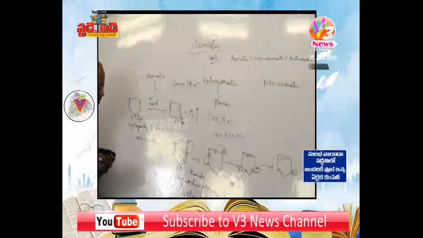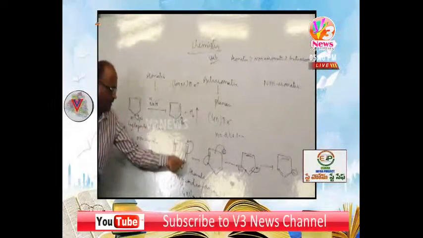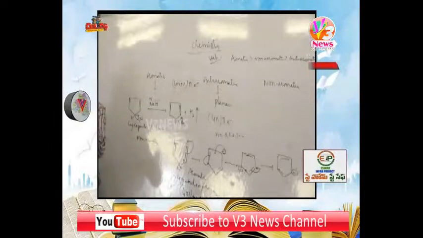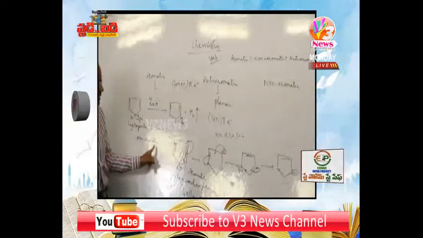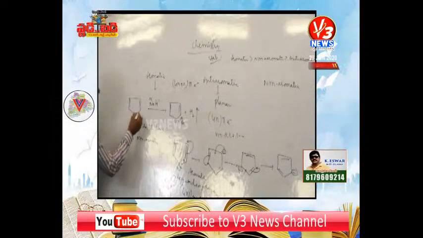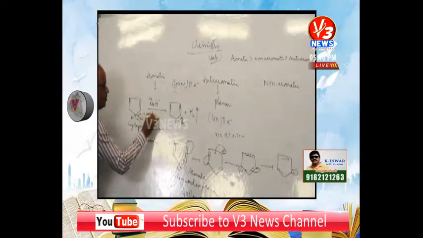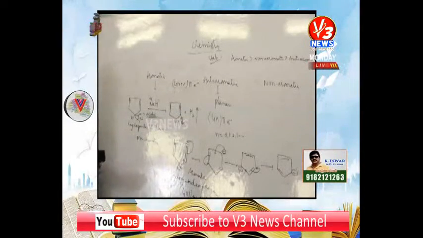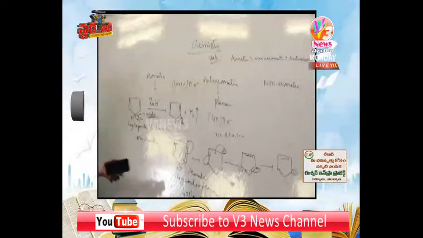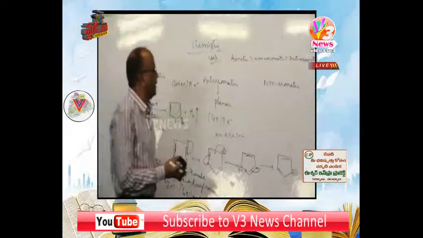Now whether its stability is increasing or decreasing, it is converted from non-aromatic to aromatic, means stability is increasing. Stability is increasing means it is ready to lose H plus. It is ready to lose H plus means what is the nature of this hydrogen? This hydrogen is acidic hydrogen. Understood? Now we will take another example.